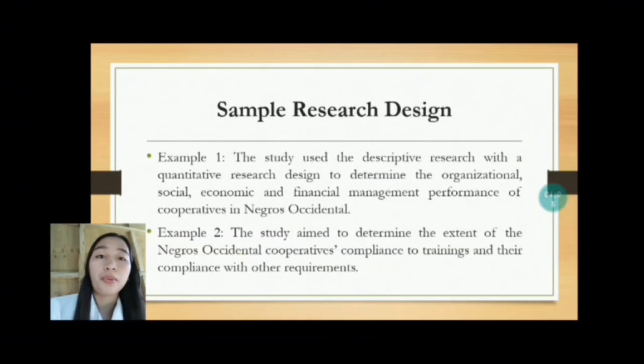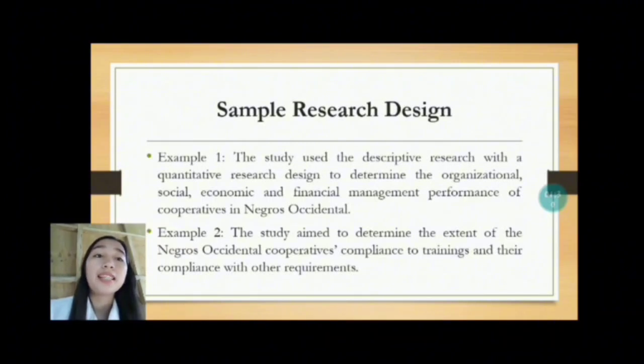So here are samples on how you should construct your research design. Example 1. The study used the descriptive research with a quantitative research design to determine the organizational, social, economic, and financial management performance of cooperatives in Negros Occidental. So here, your methodology is descriptive research and your research design is quantitative.